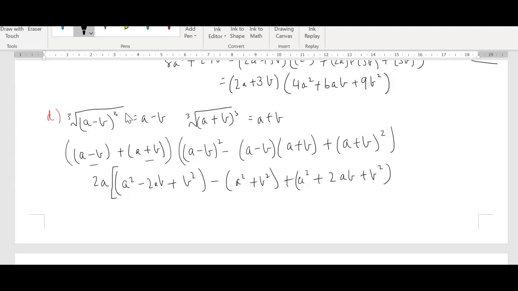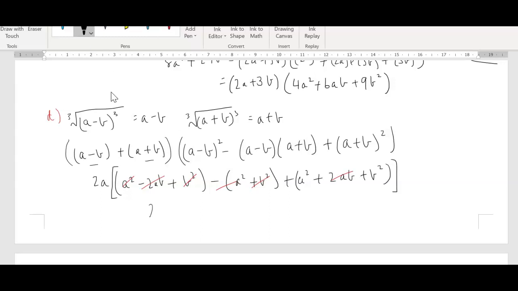Now I can see we're going to be doing some cancelling here, so I might do some cancelling in red. I've got an a squared here and a negative a squared, which is going to cancel out. This b squared is going to cancel with this b squared, and this 2ab is going to cancel with this 2ab.